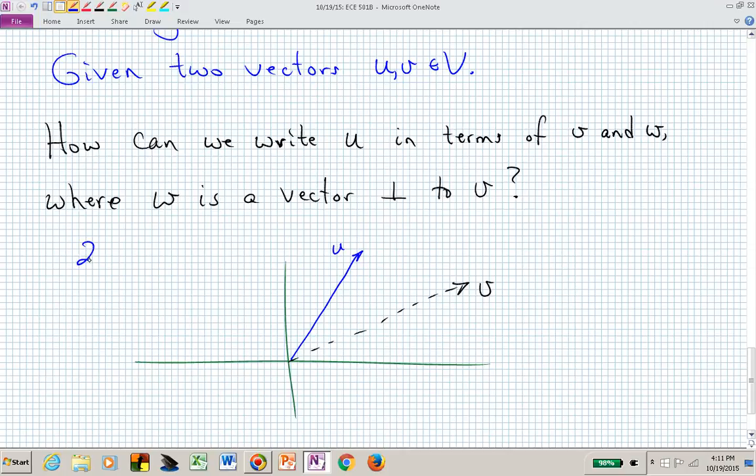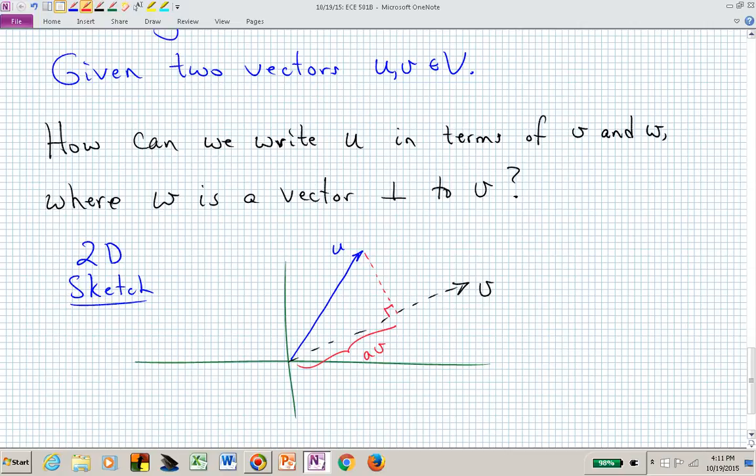This is a 2D sketch, but I think it helps us understand what I'm trying to explain. If we now go orthogonal to v from that to u, this length is some fraction of v. That's our scaled version of v.